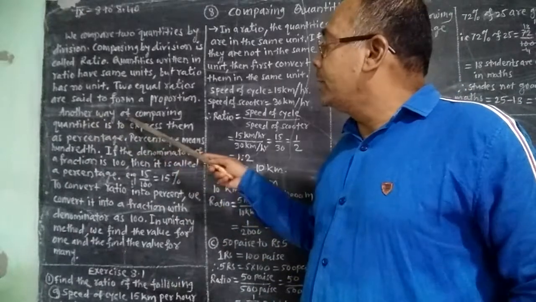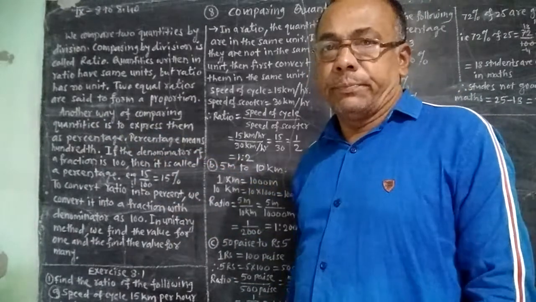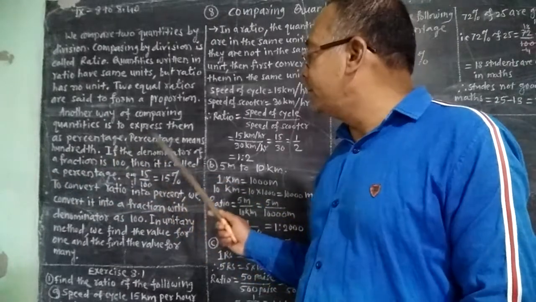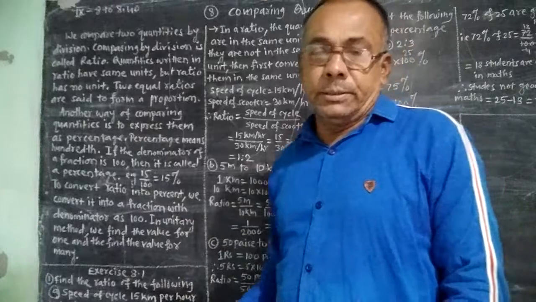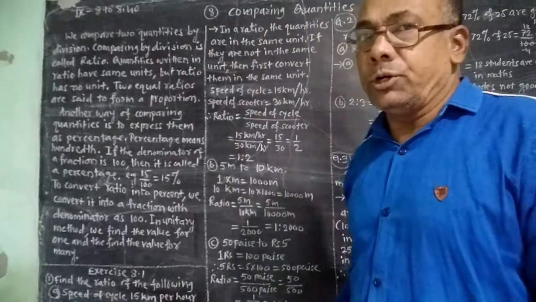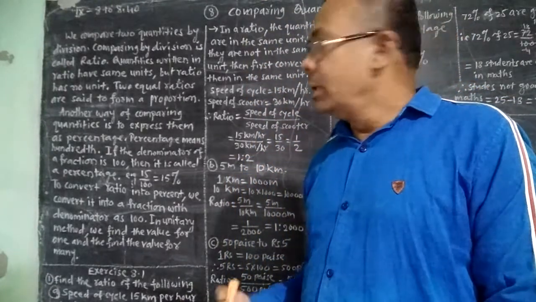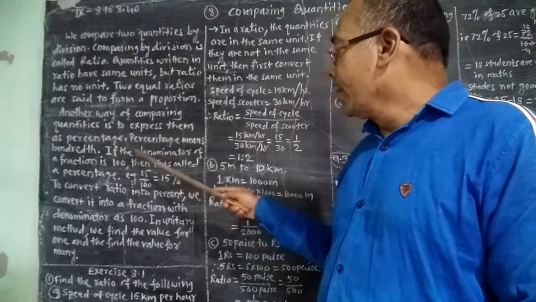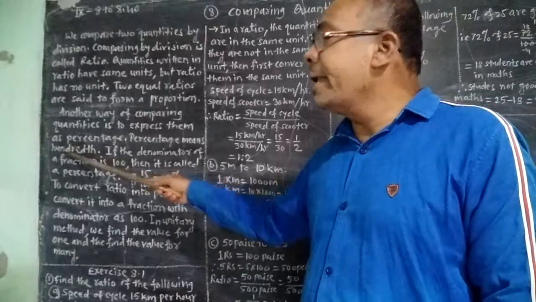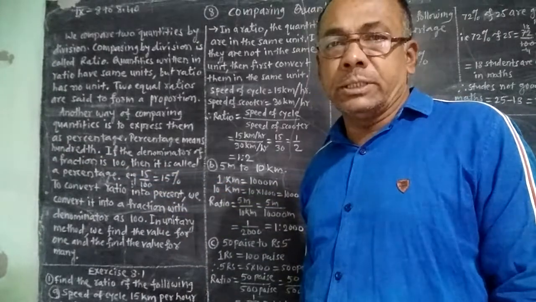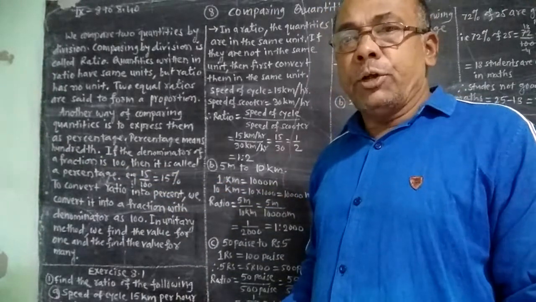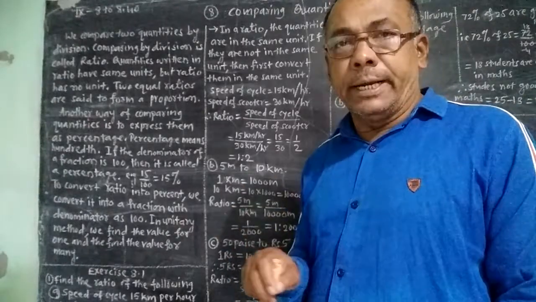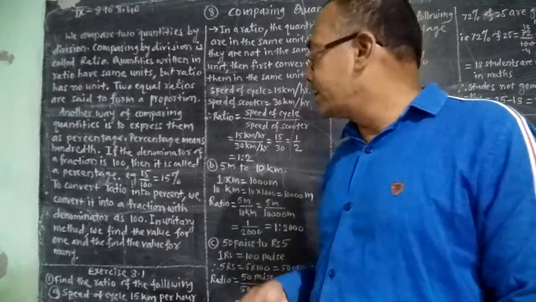Now another method of comparing quantities is to express the quantities as a percentage. Means finding the percentage of the two quantities. Here percentage means per hundred.